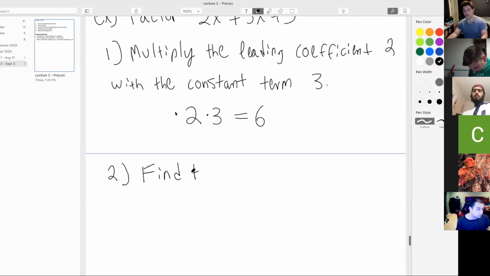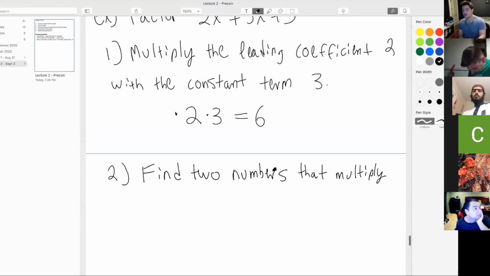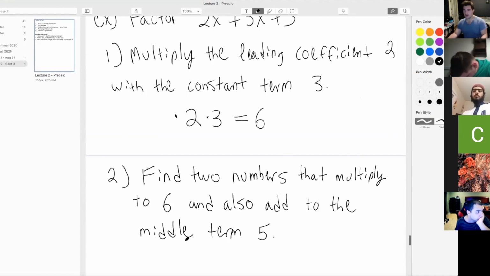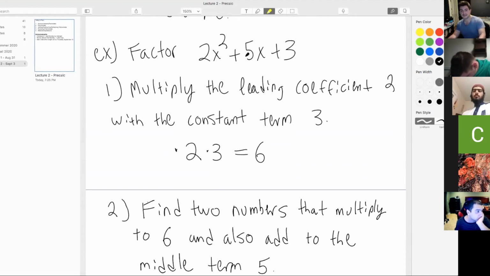Step 2, find two numbers. This is where it's very similar to the previous technique. Find two numbers that multiply to 6 and also add to the middle term 5. The middle term is the coefficient of the middle term.